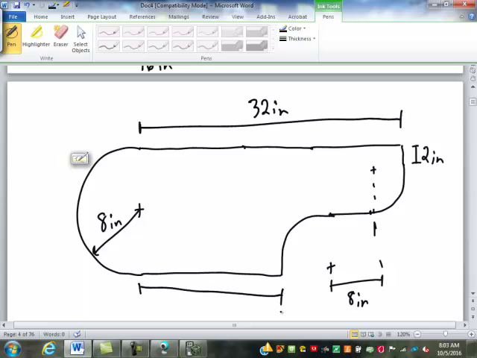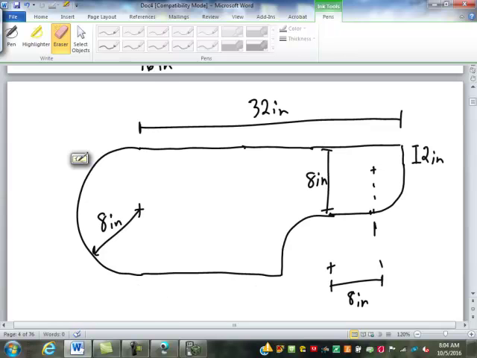From there to there, well, let me figure that one out in a second. From here to here is 8 inches. Oh, I gotta make sure this works out now. Actually, the rest of those dimensions you can figure out on your own.